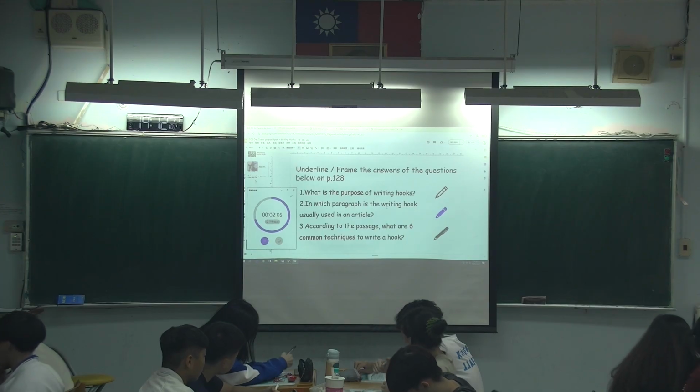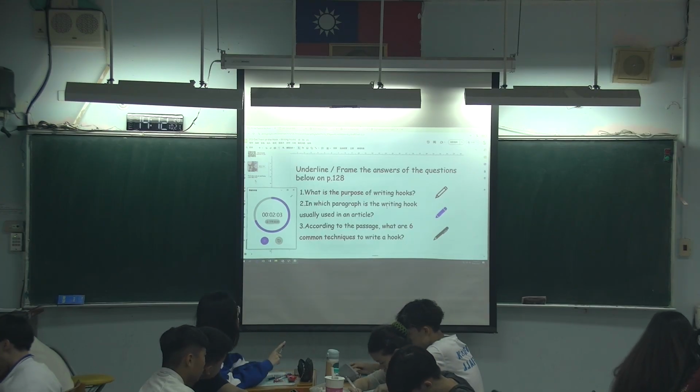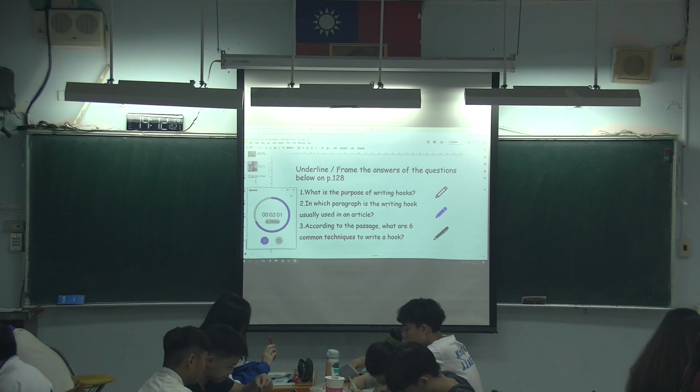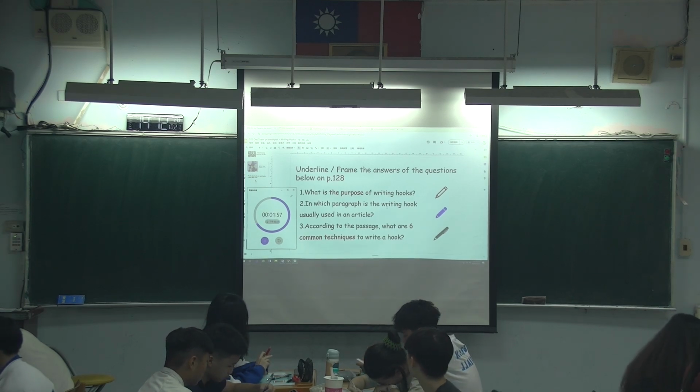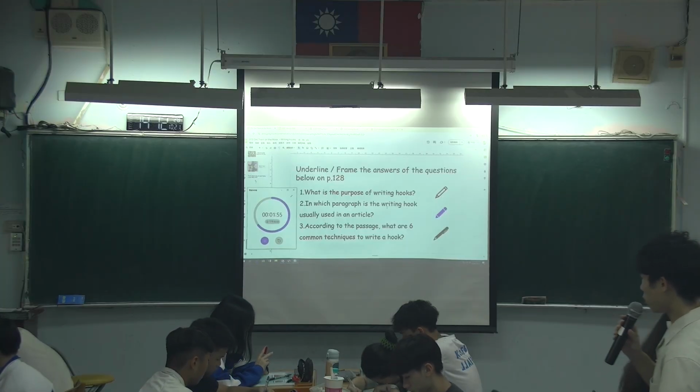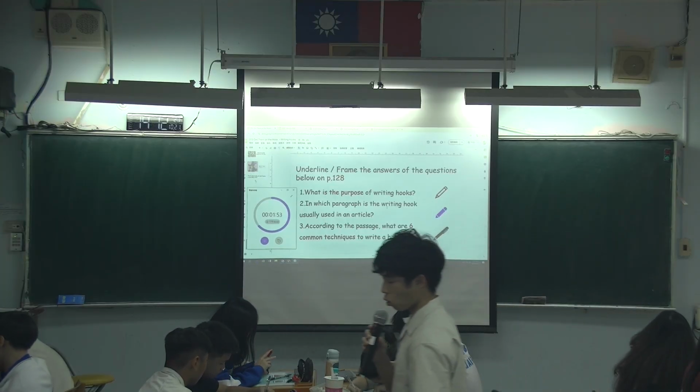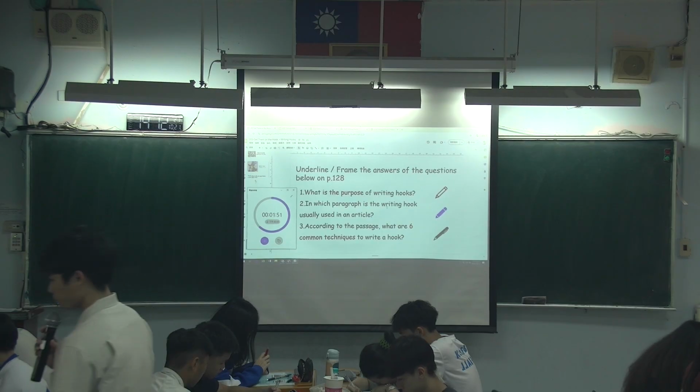So the first question is about the purpose of writing hooks, right? And the second one is, in which paragraph does a writing hook usually appear? Okay? And the last one is 6 common techniques or ways to write a hook.